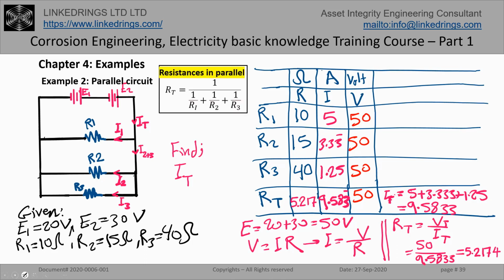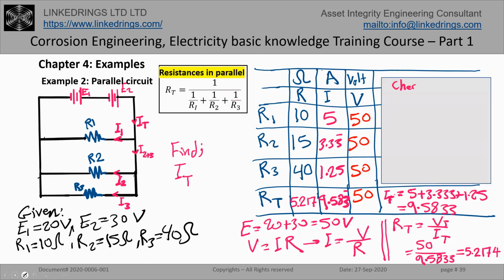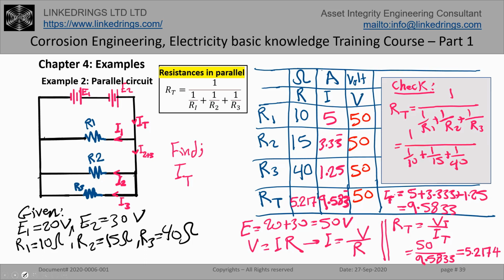So R total equals 1 divided by 1 over R1 plus 1 over R2 plus 1 over R3, which is 1 divided by 1 over 10 plus 1 over 15 plus 1 over 40. If we use our calculator, we find the value is 5.217, which is the same value here. So our solution is correct.